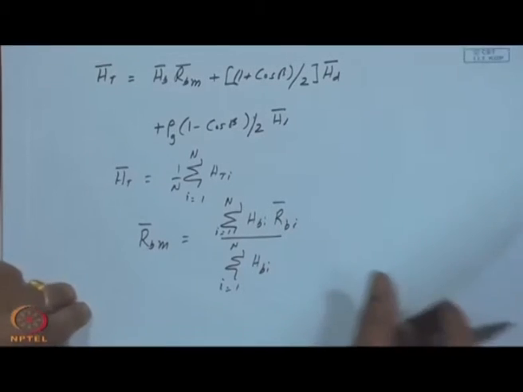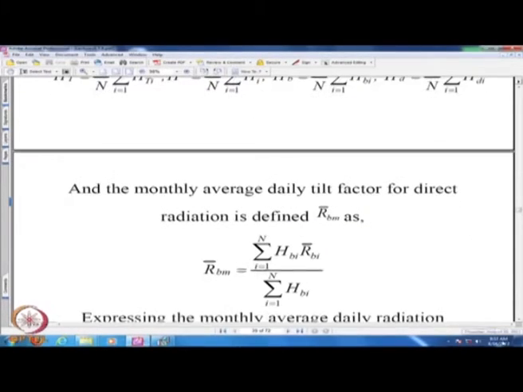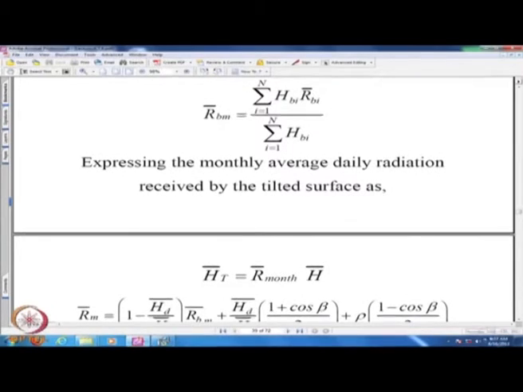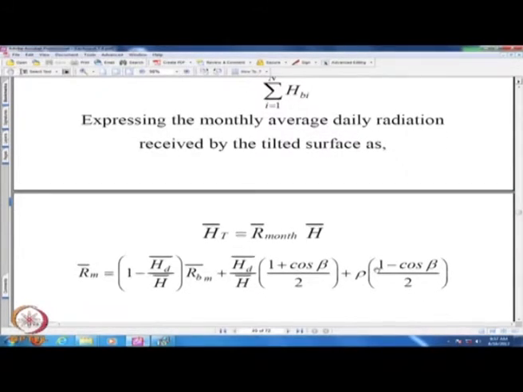Again, we have here lost certain simplicity. You need 30 calculations, even if we had already approximated each day's value of R_B bar i by calculating through suitable approximation, which we discussed earlier.